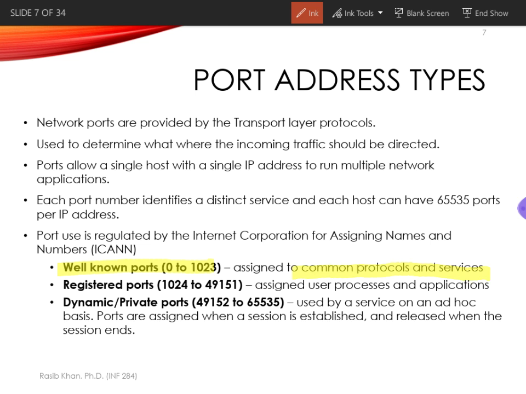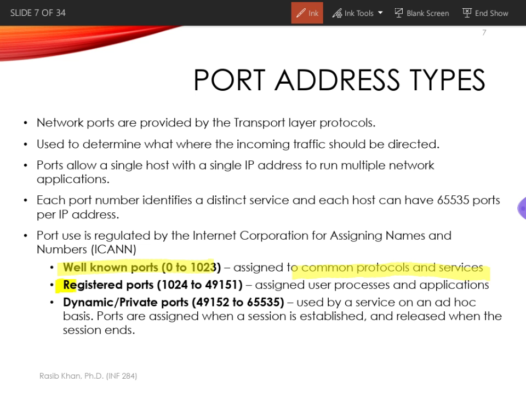So let's say if you have HTTP running on your machine, that is assigned a port address of 80, and so on and so forth. So there are very common standard protocols which run almost on all network hosts, and they are assigned port numbers within this range.